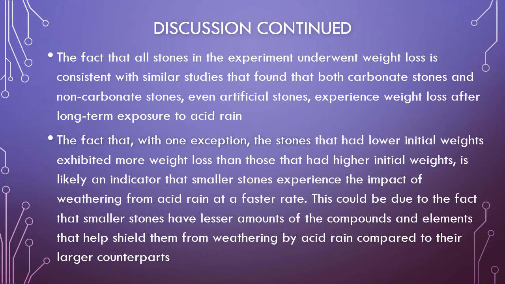And the fact that, with one exception, which would be the aberrant granite stone number 1, the stones that had lower initial weights exhibited more weight loss is likely an indicator that smaller stones experience the impact of weathering from acid rain at a faster rate. So this could be due to the fact that smaller stones have lesser amounts of the compounds and elements that help shield them from weathering by acid rain compared to their larger counterparts.